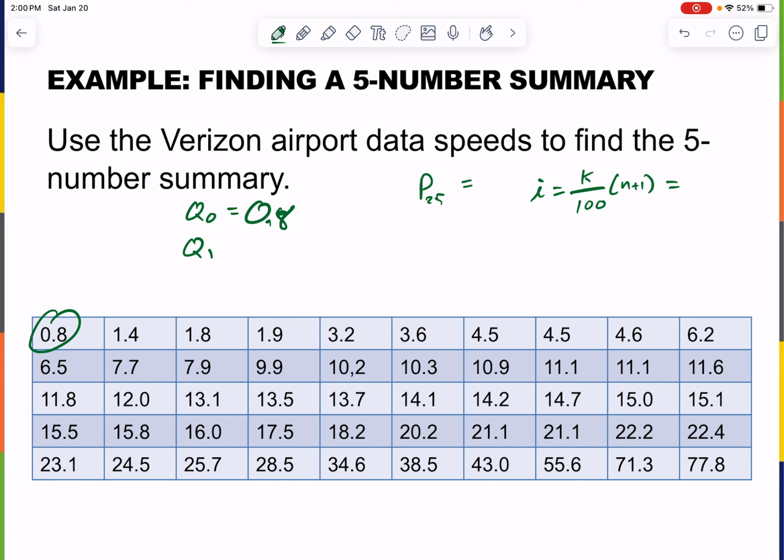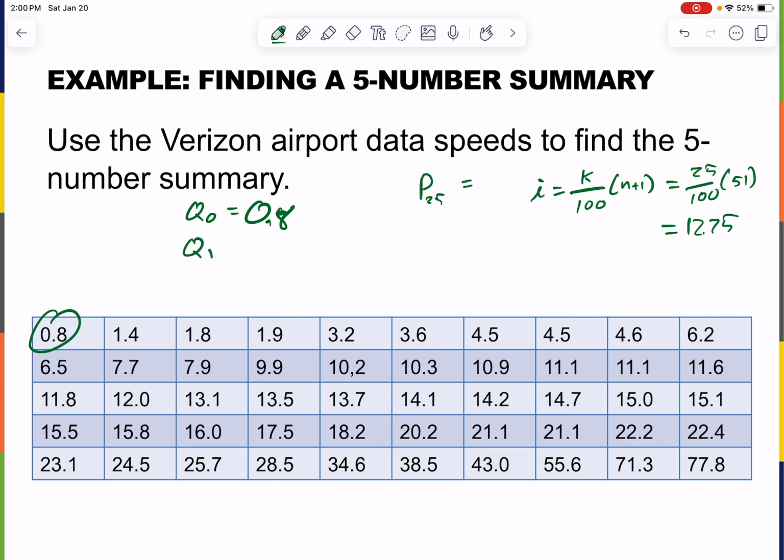And so in this case, that's going to be 25 over 100 times 50 plus 1, which would be 51. And so that's going to be 0.25 times 51. Come to my calculator. 0.25 times 51 is 12.75. That is not an integer.